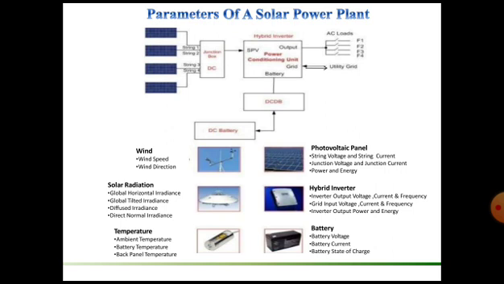Here a number of solar photovoltaic cells are connected in series to produce a DC output. The generated DC output from the photovoltaic modules is connected to a junction box.